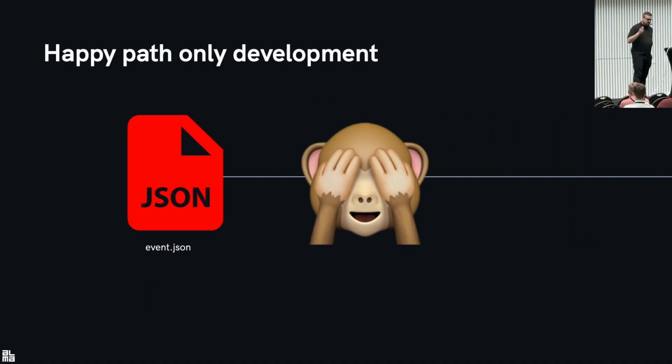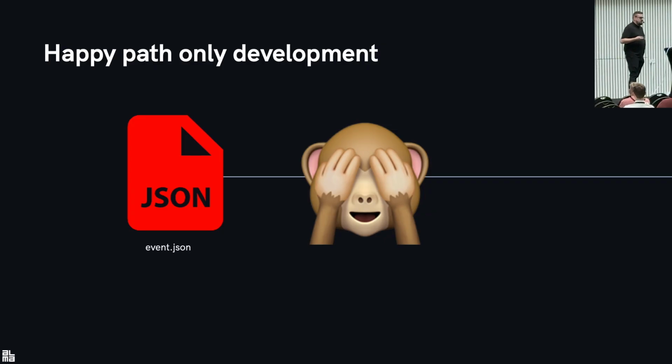And that can lead quite often, I'm not saying always, to this situation of happy path only development, that you just have this one event.json file and you're spamming it all the time against your code. And what I mean by happy path only development is that you're basically debugging and testing one case only.